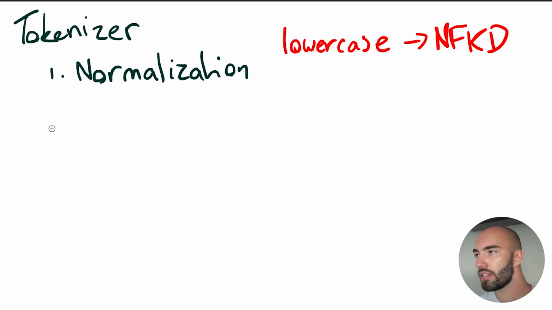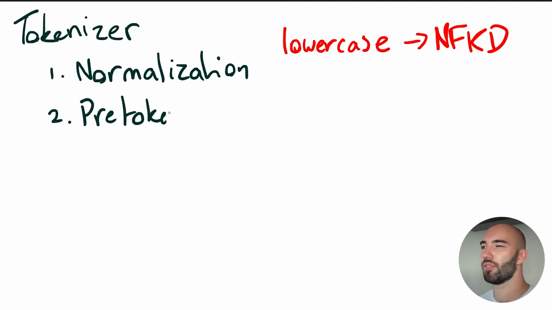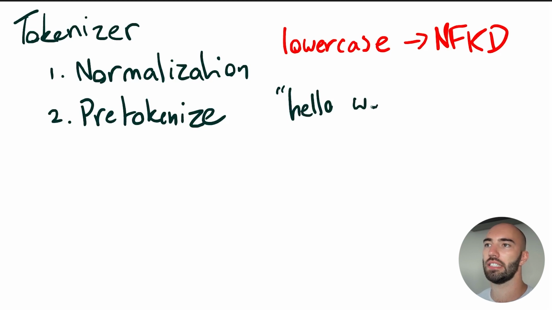The next component after that is pre-tokenization. Now, pre-tokenization is a tokenization step that happens before we actually tokenize. So let's say we have a string, hello world! It's probably easiest. Now, what this is going to do is just split this into very simple tokens.